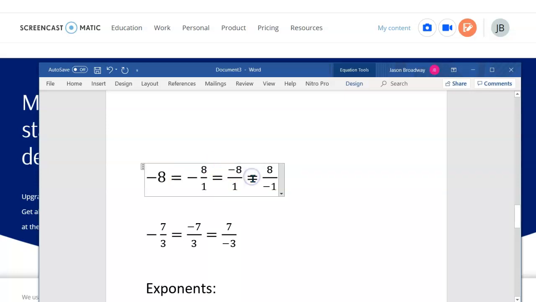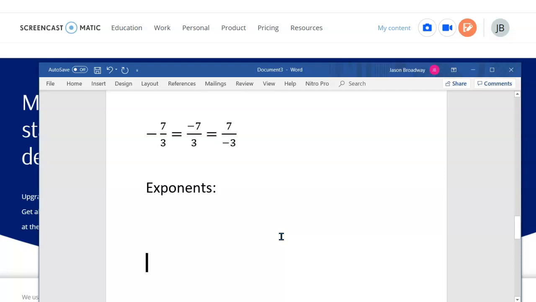Or you could put the minus sign down with the understood 1 on the denominator and have negative 1 on the denominator. So just watch out for that. Now with negative 7/3, you could have the negative out to the side, up there with the 7, or down there with the 3. So just watch out for that.